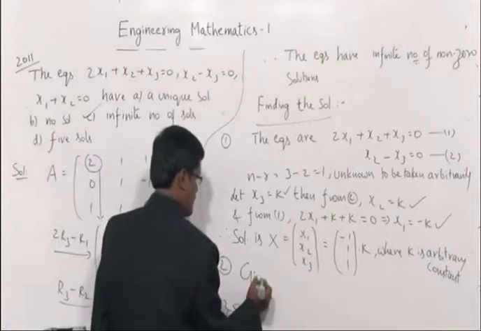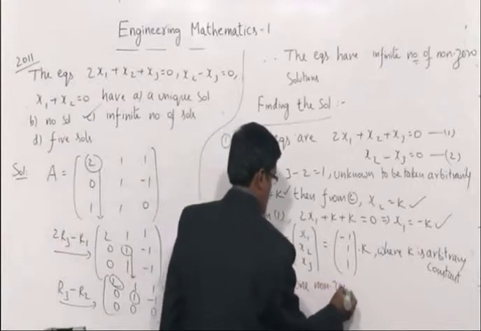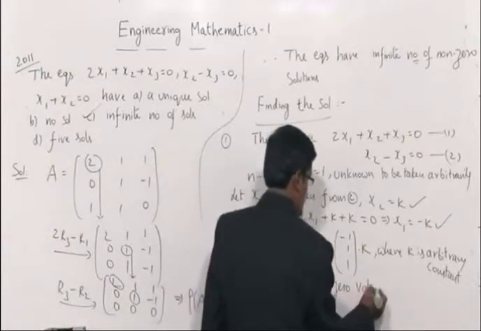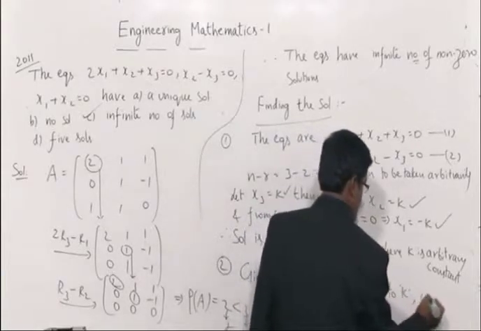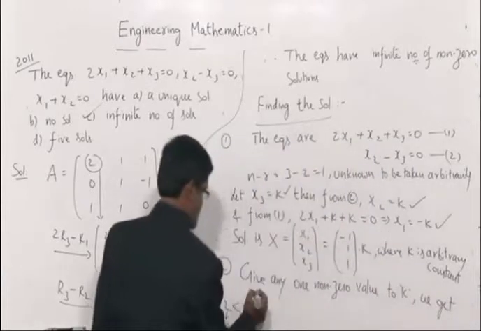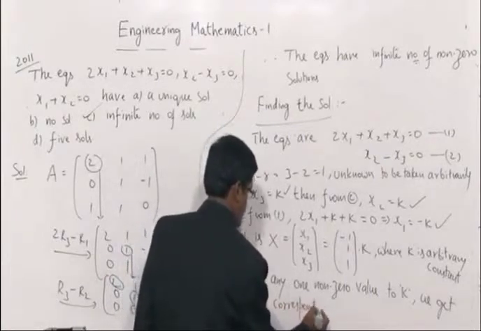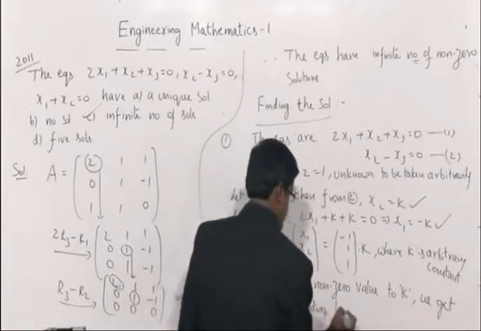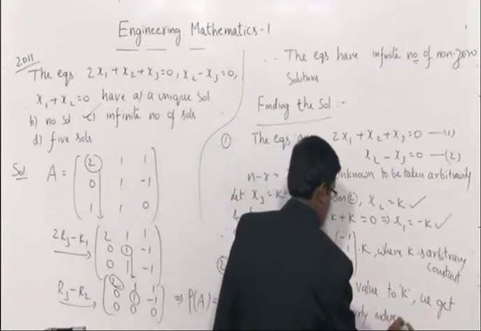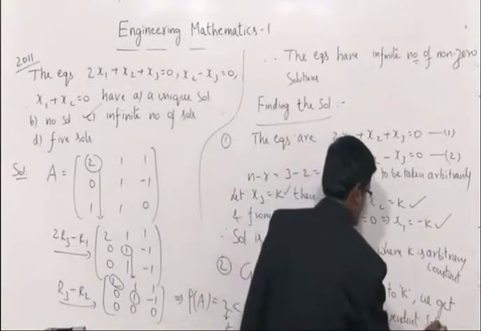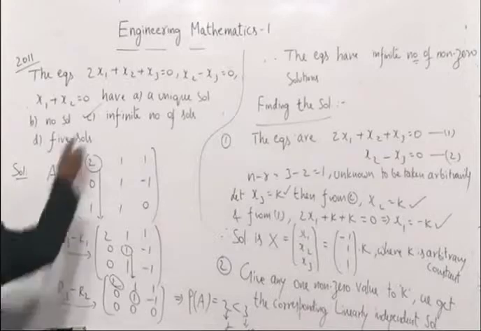Give any one non-zero value to k, and we get the corresponding linearly independent solution. I will explain independent and dependent.